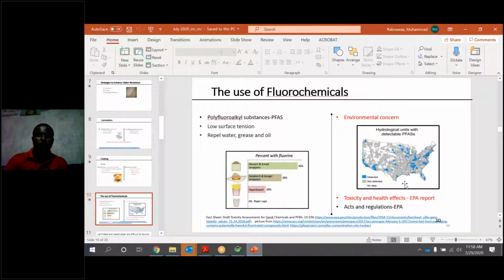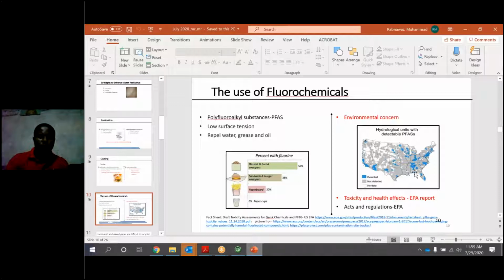As a result, what is happening here in the US and Europe is a big concern about the presence of fluorochemicals in different locations. And recently, studies have found that PFAS fluorochemicals can reduce the immune response. So it can lower your immune strength, and that is also connected somehow to COVID and virus diseases.